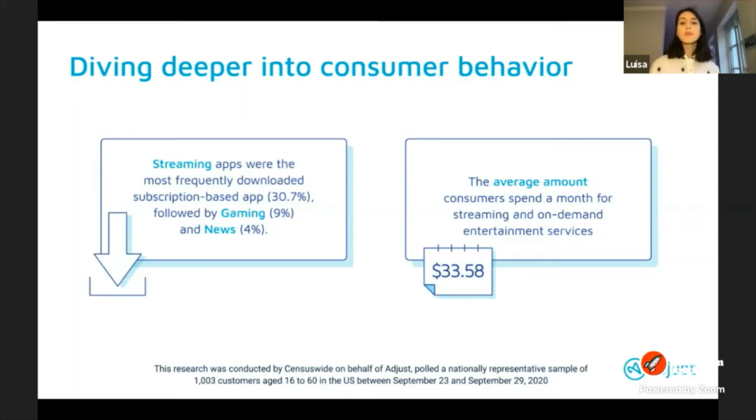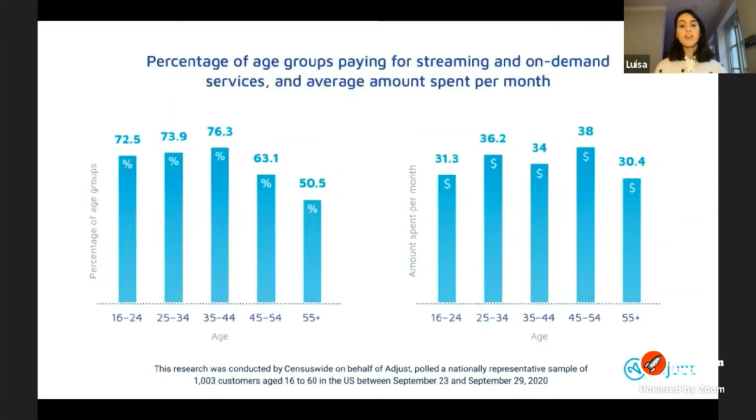And after streaming services, you have gaming with 9% and news with 4% of all the downloads. If you want to take a look at how this looks across age groups, then you have this chart. On the left side, you can see the percentage of age groups paying for streaming and on-demand services. On the right side, you can see how much they are spending. I told you this was going to be a screenshotable session.